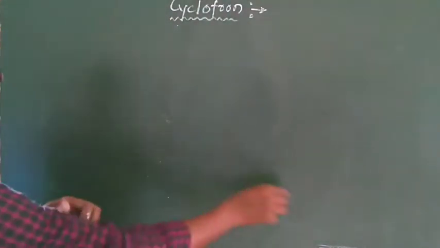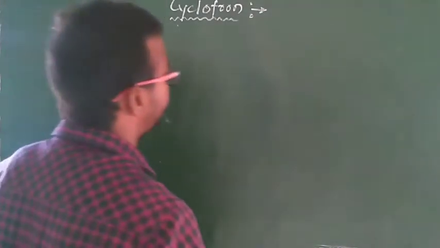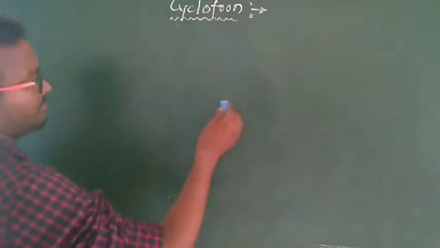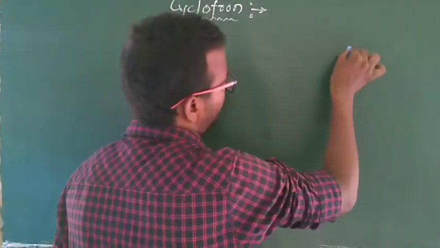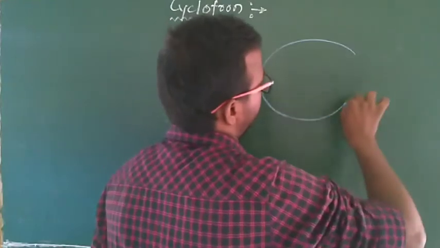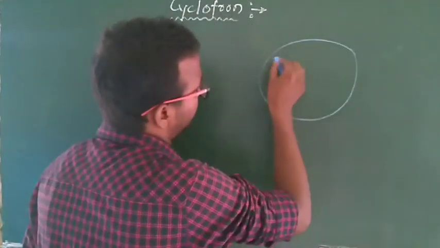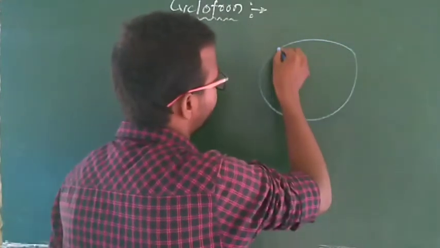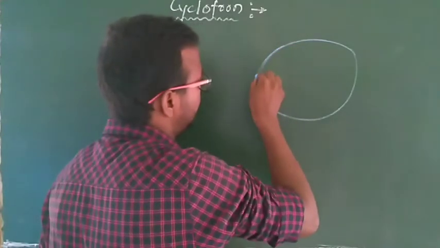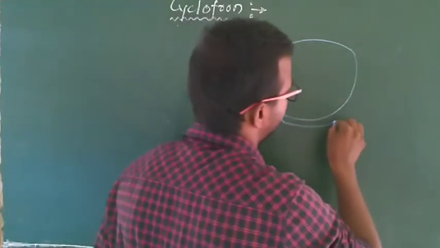Clear? Look at the diagram carefully. We need a D-shaped system. Suppose this is a circular system, and this is the 3D diagram.